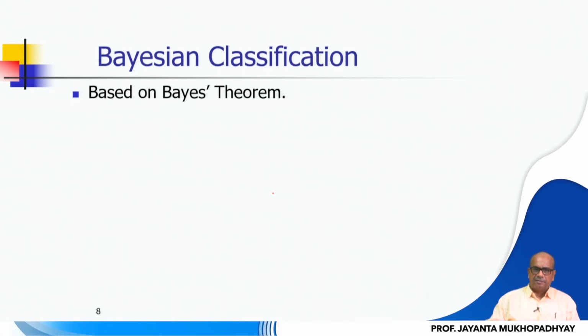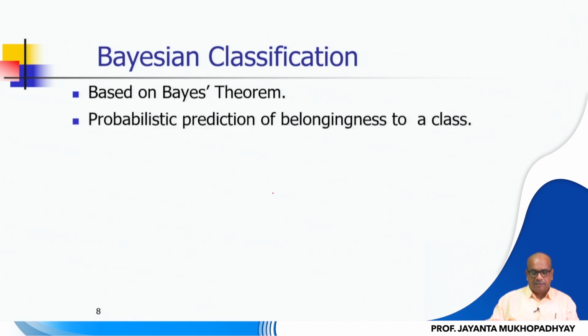So let us first discuss Bayesian classification, and this classification is based on Bayes' theorem. Let us try to understand what is meant by Bayes' theorem in probability theory, and we will see what it does by applying this theorem. I will come to the theorem.